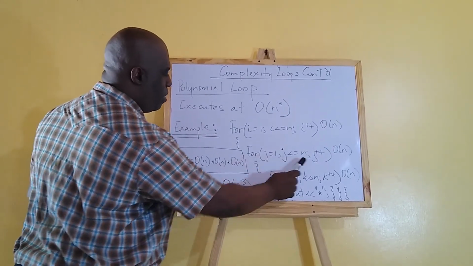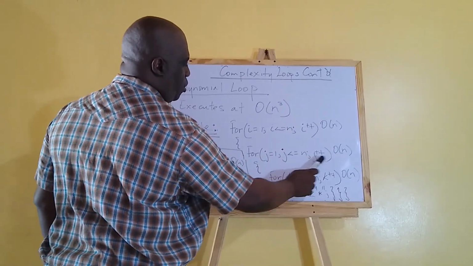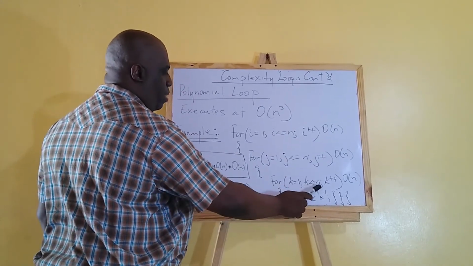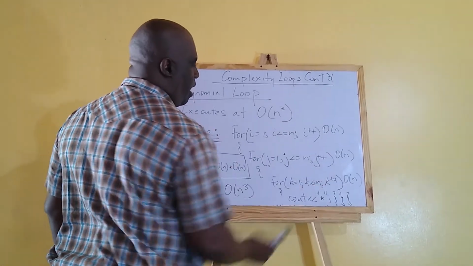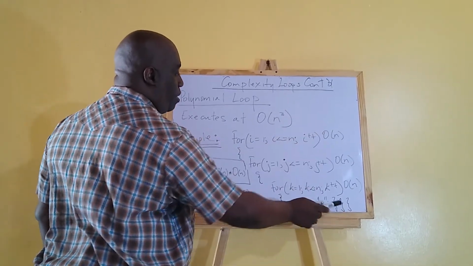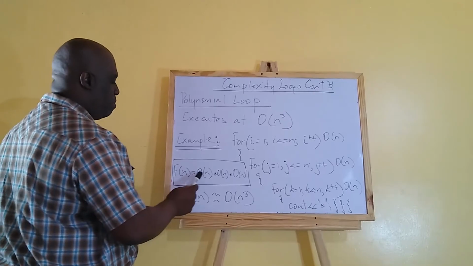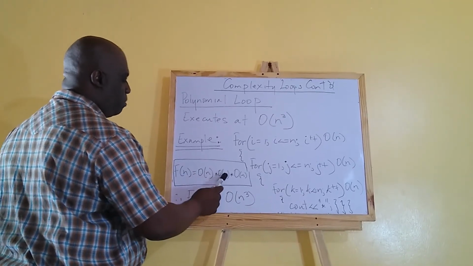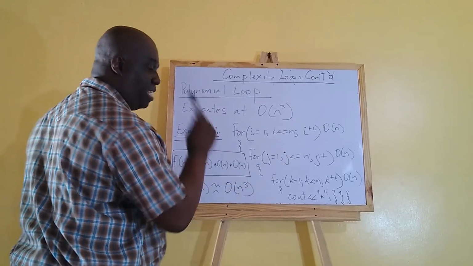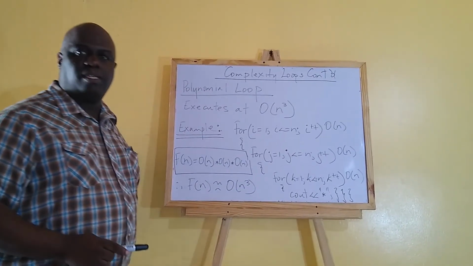Then I have an inner loop here, executing j, order of n times. And then I have a third loop now, executing k all the way to n, order of n times. What we simply do is multiply the outer loop by the inner loop, so we'll get f of n being approximately order of n times order of n times order of n, which is going to give me order of n cubed. Alright, let's move on.